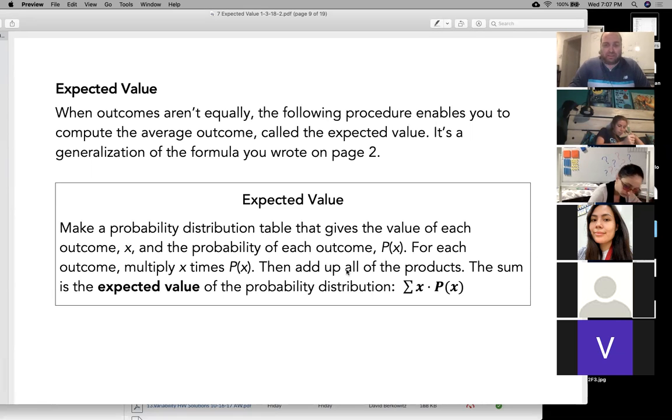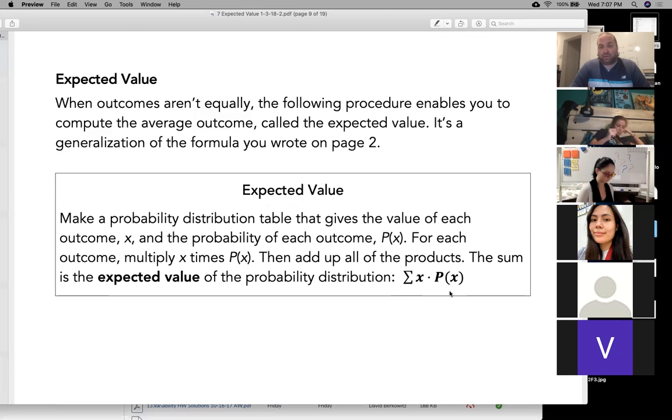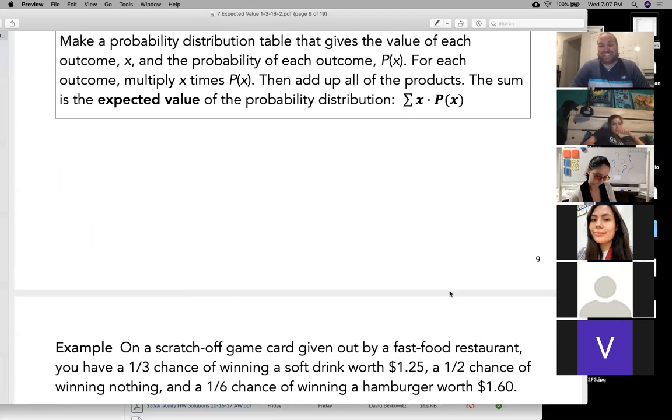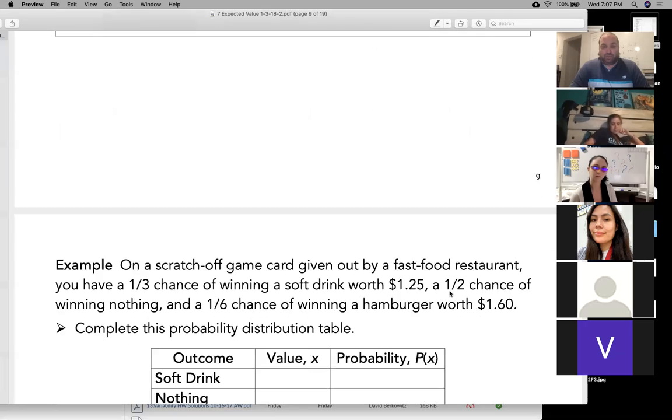So the expected value of a random variable is you look at all possible numerical outcomes, you multiply those numerical outcomes by the corresponding probabilities, and you add them together. This is on slide 9, in case you want to look later.